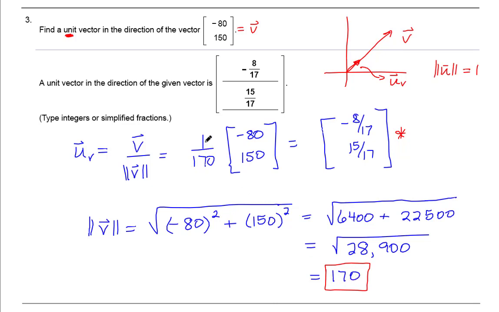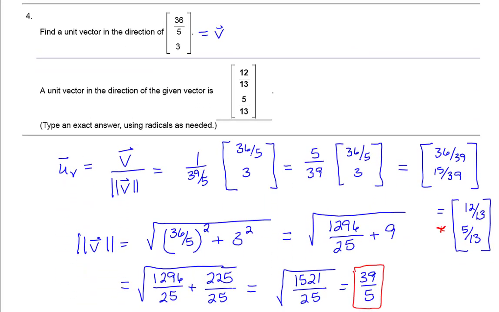And so I essentially have 1 over 170 times each of the components. So the zeros would cancel. I get minus 8 over 17 and 15 over 17. Again, we're looking for a vector that points in the same direction as the one we were given, and its magnitude is exactly 1.